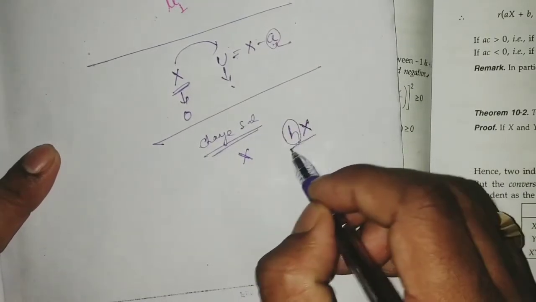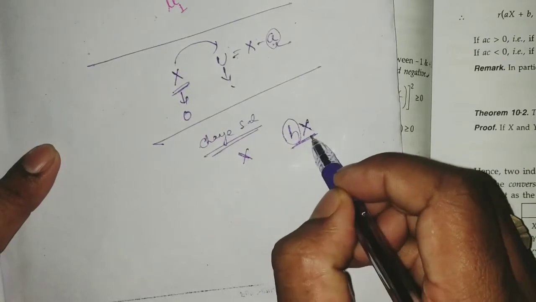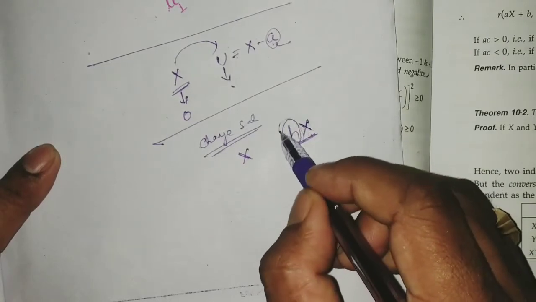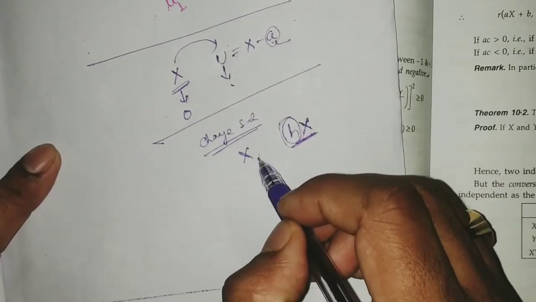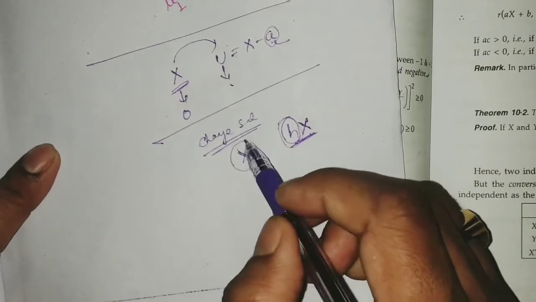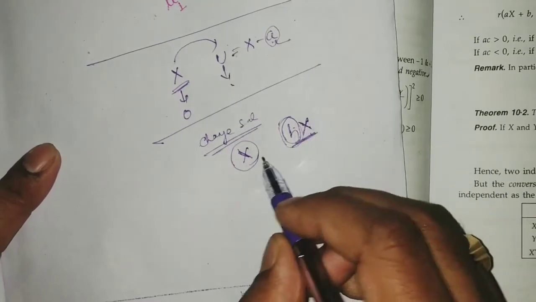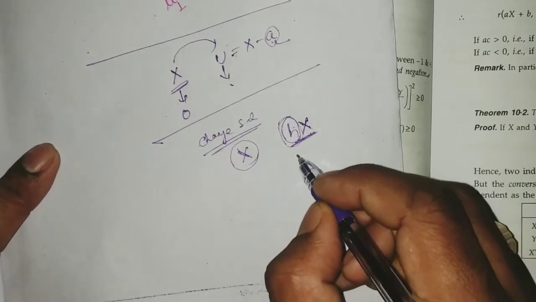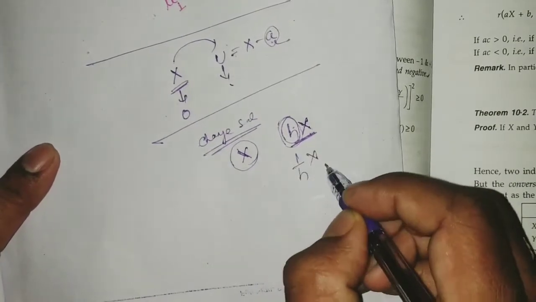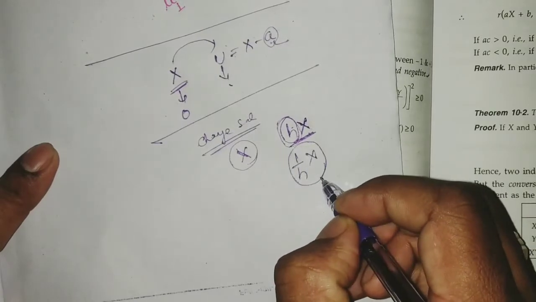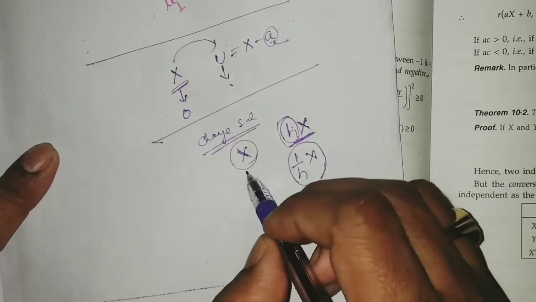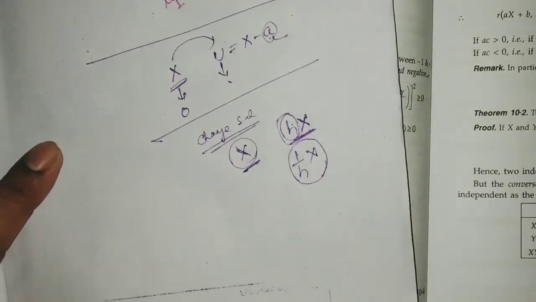So here I change the scale, a constant scale, by multiplying h. That means you can consider the scale of this x has been changed or transformed. Or we can consider a fraction itself, 1 by h into x, also to change the scale of the random variable, right?